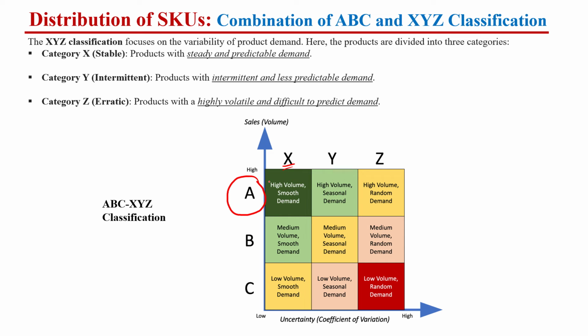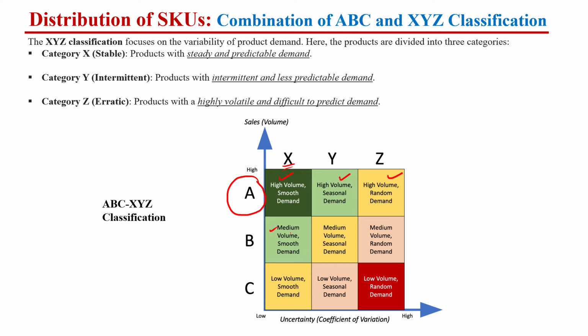So we are further dividing the A category into three categories: high value but smooth demand, then high value but seasonal or intermittent demand, and high value with respect to dollar value but random, more fluctuating demand.